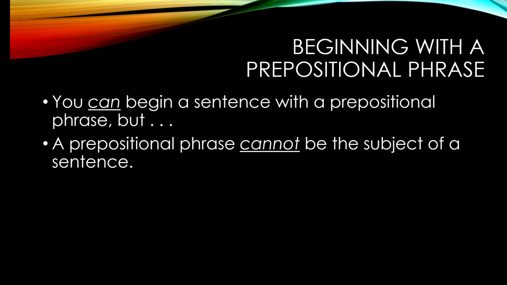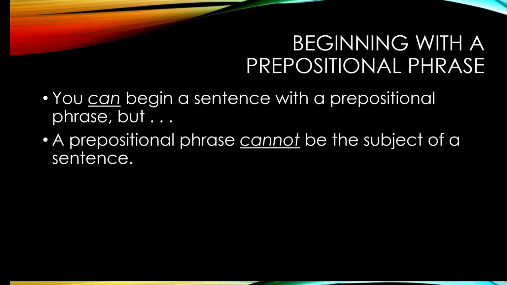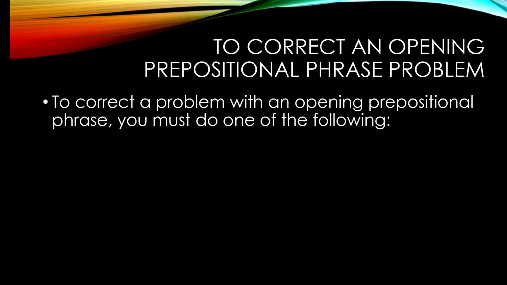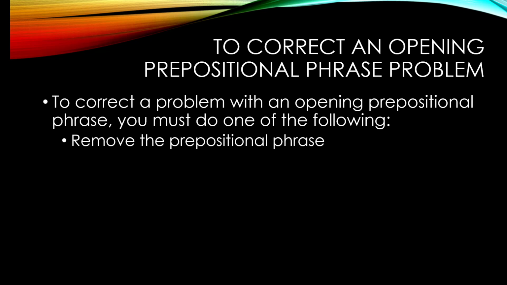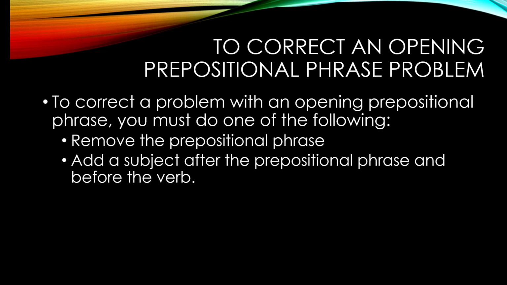In something can't do something, right? They can start a sentence, but then that means you need a subject and a verb following them. So to correct, you have to either remove the prepositional phrase or add a subject after the prepositional phrase and before the verb. Okay?